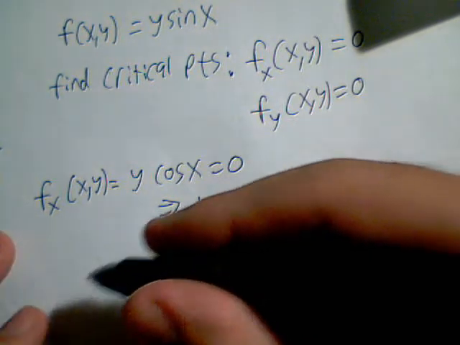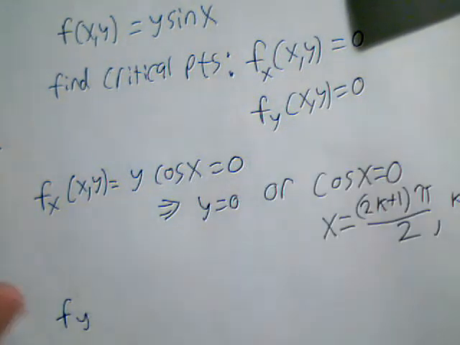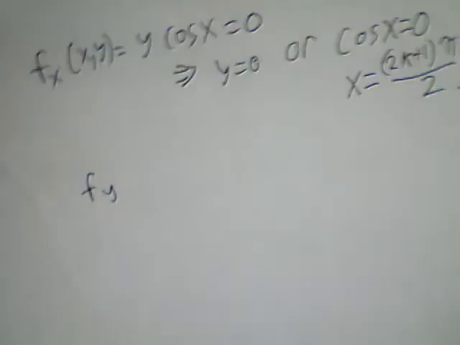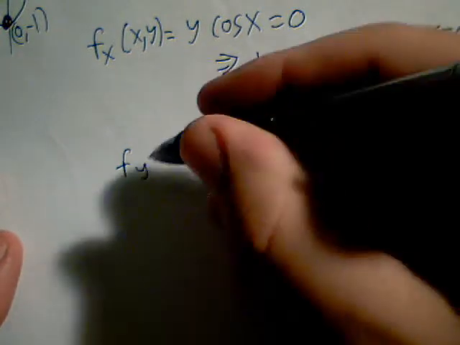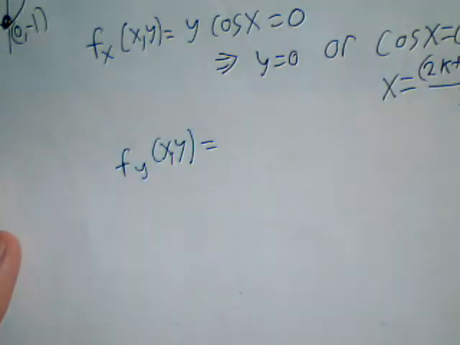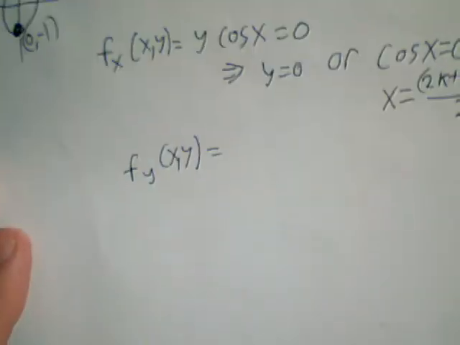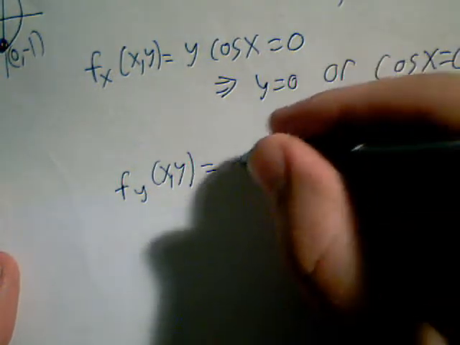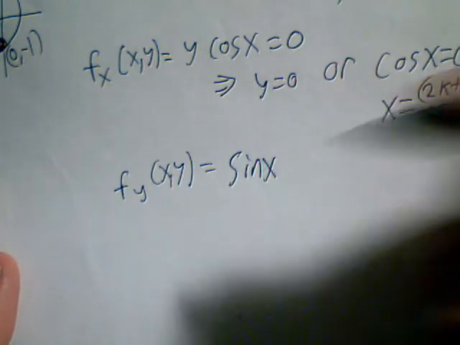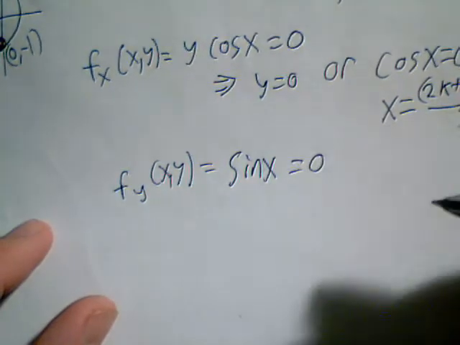And then the partial with respect to y. Remember we started with y sine x, so the partial with respect to y is just going to be sine x. Set that equal to 0.